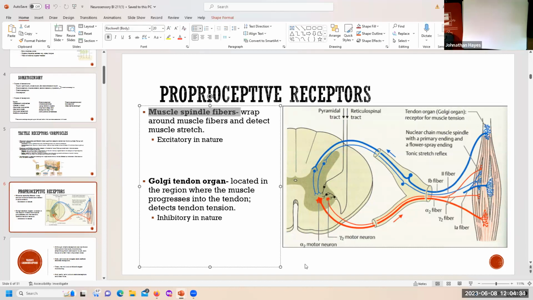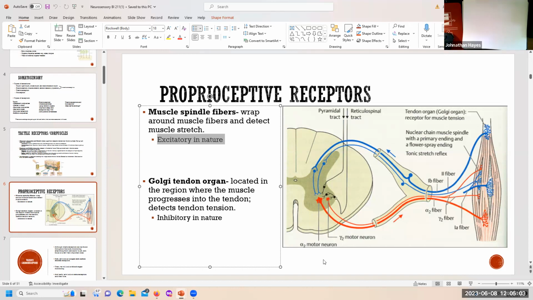And because muscles are more vulnerable when they're stretched out, one natural response that the body has is if a muscle spindle fiber gets stretched too much, it'll cause the muscle to contract to kind of protect itself. So when we start to overstimulate muscle spindle fibers, they tend to be what's called excitatory in nature, and they want to take the muscle back to its normal resting length or a contracted length.